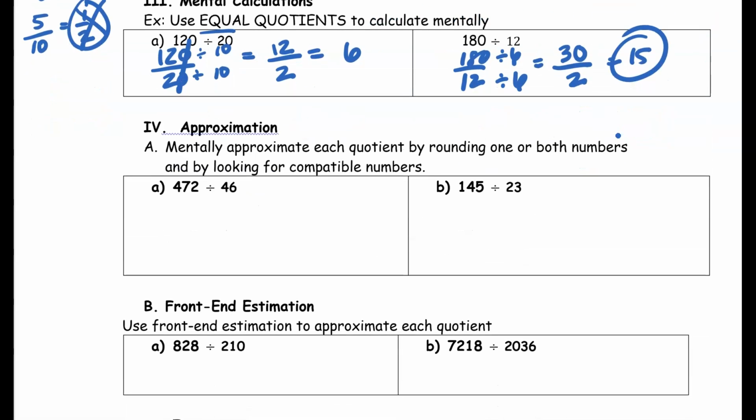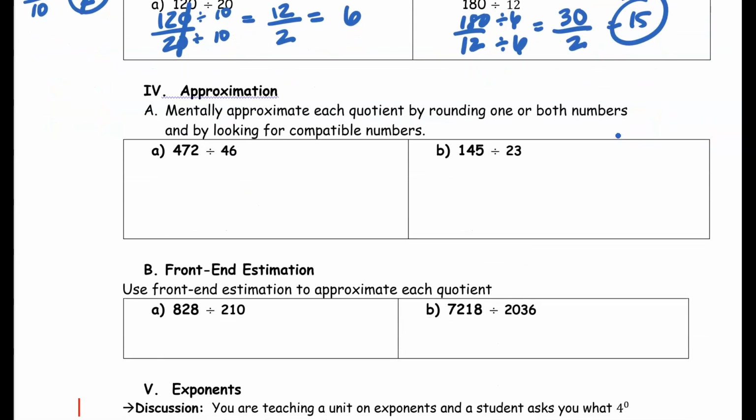And then the next part, we're going to talk about approximation. So this is rounding. This is where we're just going to mentally approximate, by rounding one or both numbers and looking for compatible numbers. So what could we make this number and this number so that we would actually be able to tell the answer? I'm thinking two things actually. You could do 400 divided by 40.